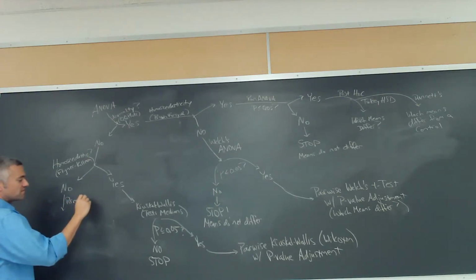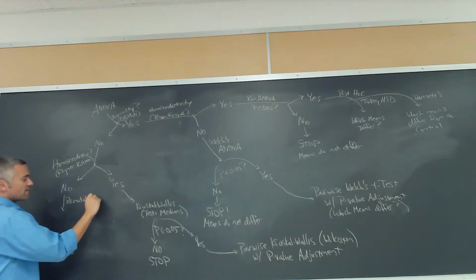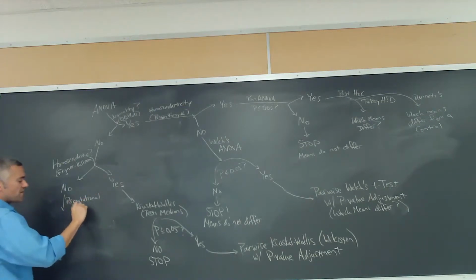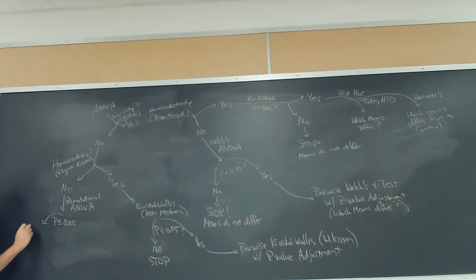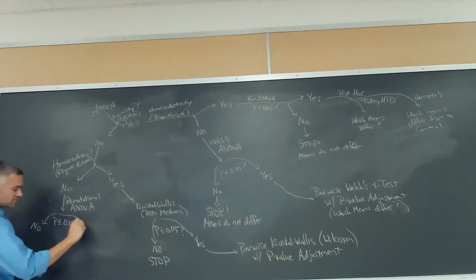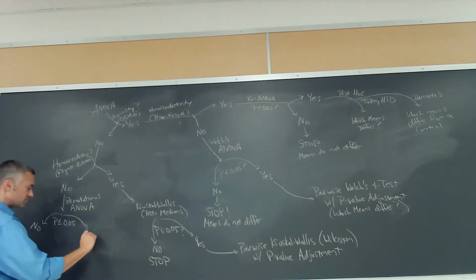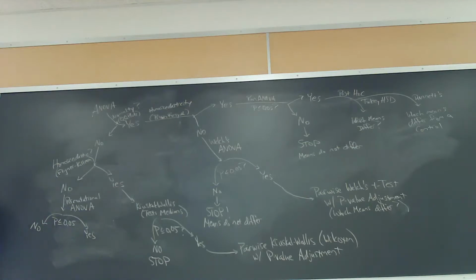Permutational. And we get a p-value that's less than or equal to 0.05. So if it's no, what do we do? Means they're not different. So what if they are?